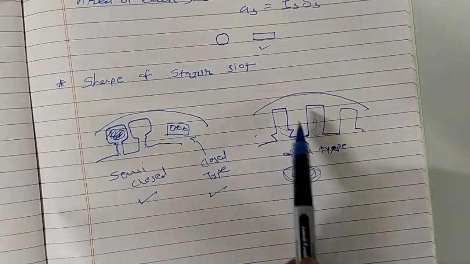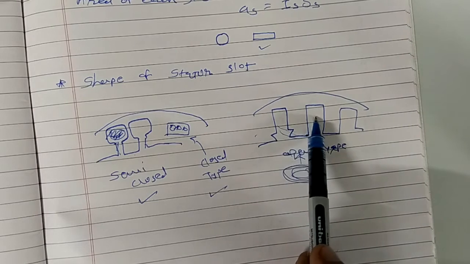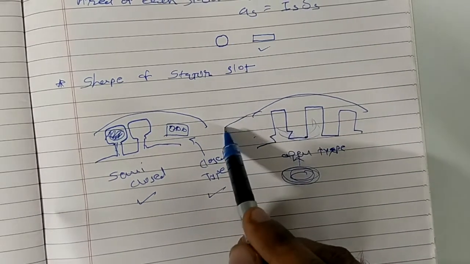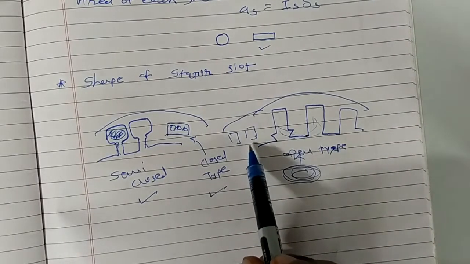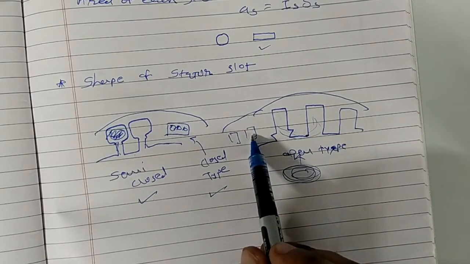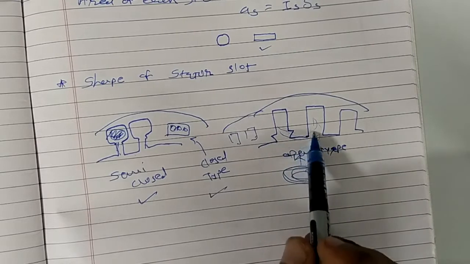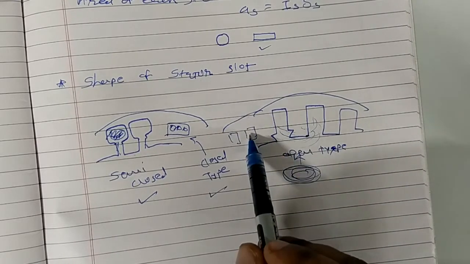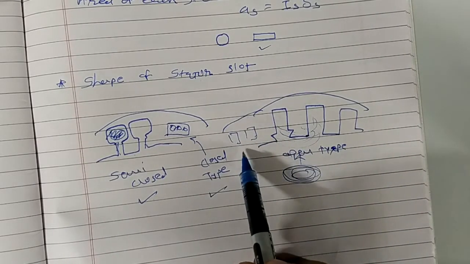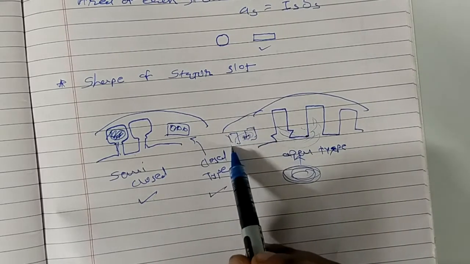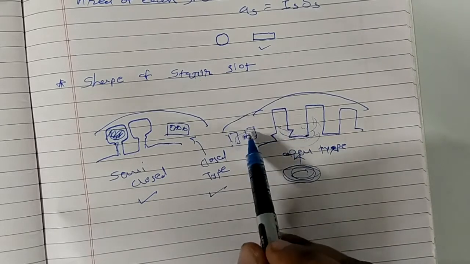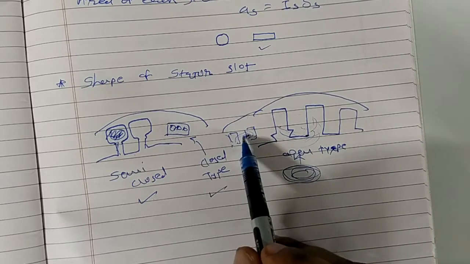So simply it means that instead of this kind of area, we can have this kind of slot. So instead of a single slot we are using two slots. And instead of a winding around this, we can provide the single winding around this, making it analogous to a single slot, or a pair, instead of one we are using a pair of slots.